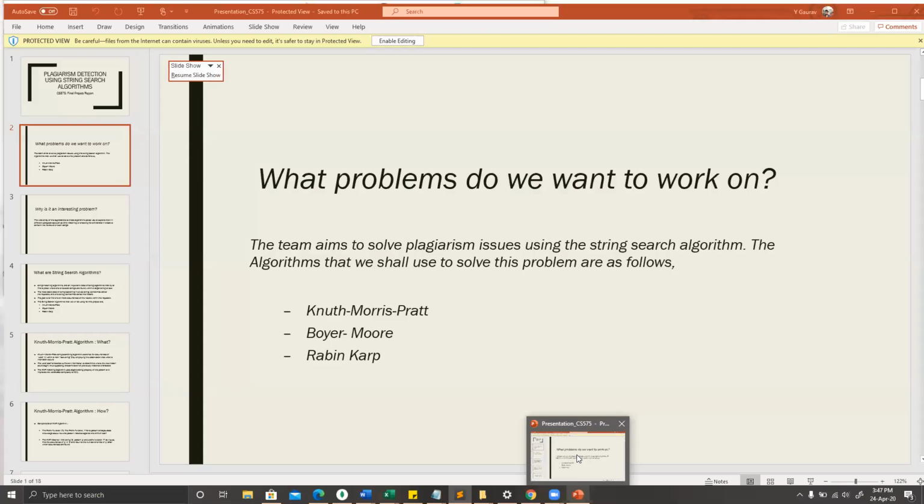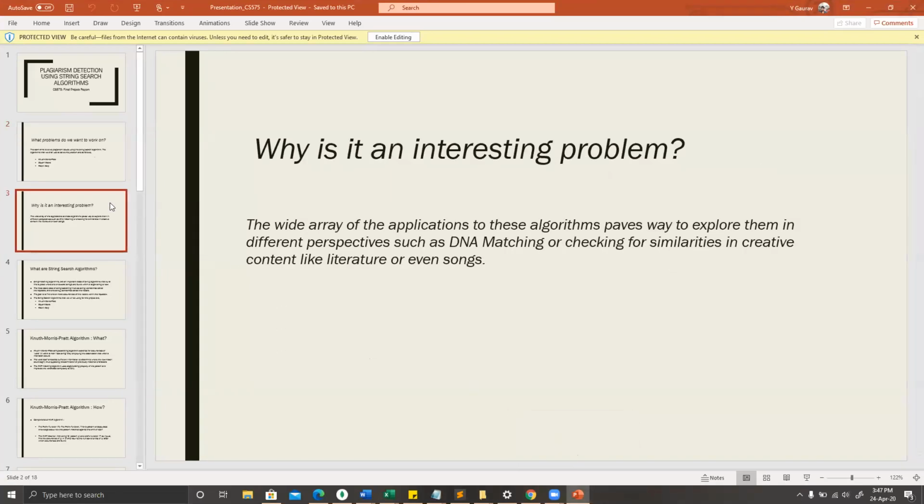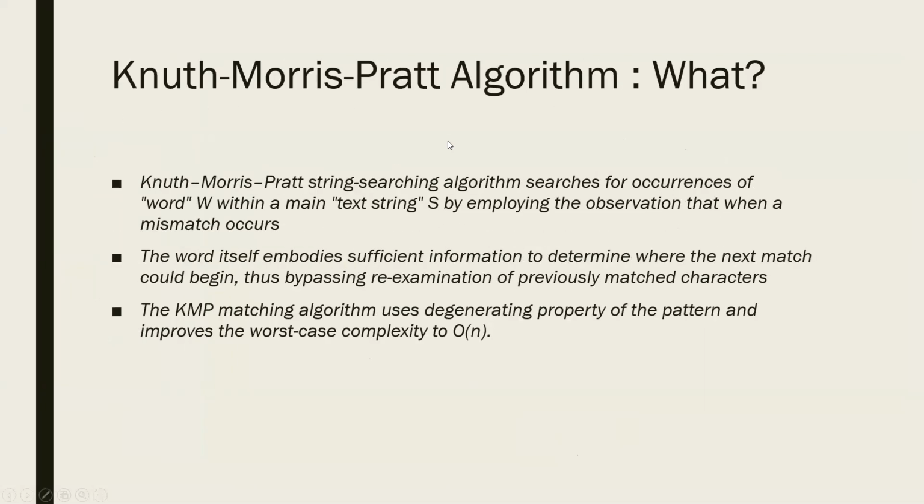Now let's go back and discuss a little about the KMP algorithm. What is the KMP algorithm? It's a searching algorithm that searches for occurrences of a word within a text string.